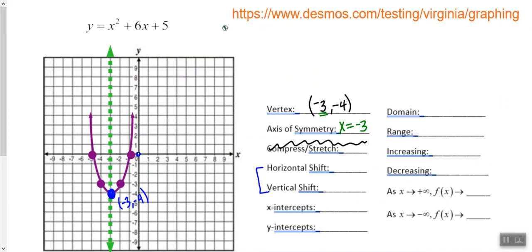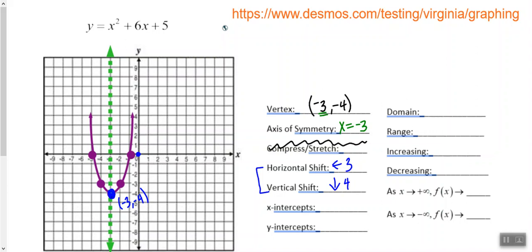So horizontally, we went left 1, 2, 3. So I would say we went left 3. And then vertically, we went down 1, 2, 3, 4. So our vertex moved left 3, down 4 from the origin.